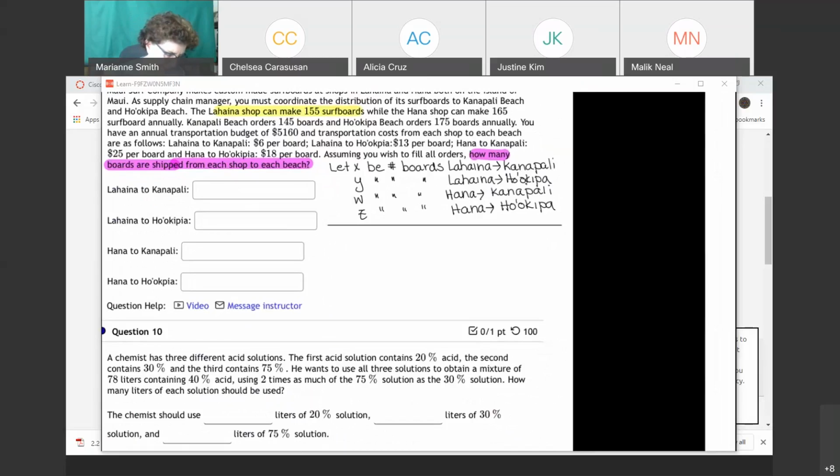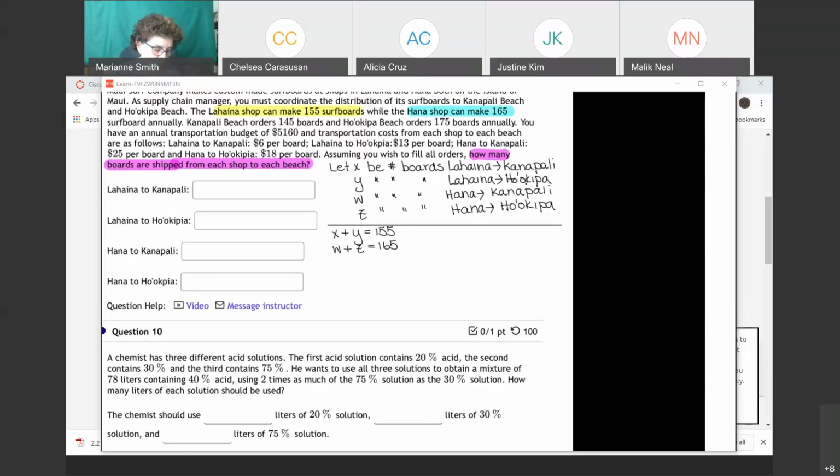That's X and Y, right? So X plus Y equals 155. That's what Lahaina makes. Okay. The Hana shop can make 165 surfboards. So Hana can make 165. Okay, so I look for all my Hana variables. That's W and Z equals 165.